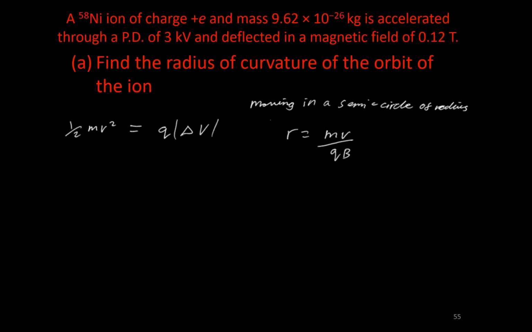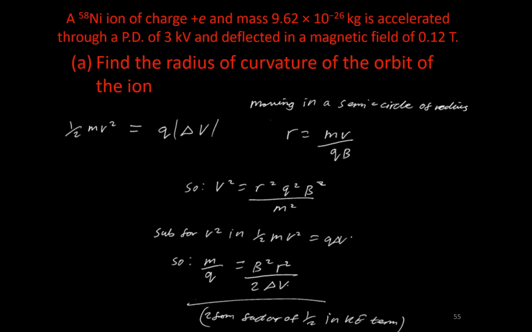Now, v squared is r squared q squared B squared over m squared. We're substituting in here, substituting for v squared in half mv squared equals qV.